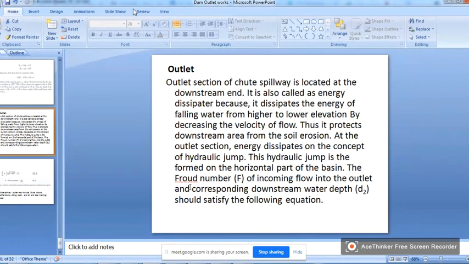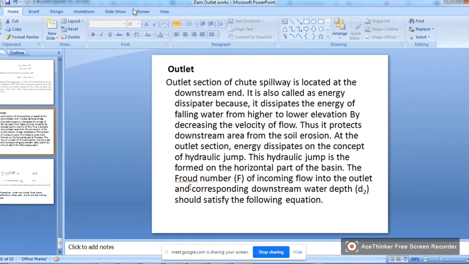Thus, it protects the downstream area from soil erosion. At the outlet section, energy is dissipated based on the concept of hydraulic jump. This hydraulic jump is formed on the horizontal part of the basin. The Froude number of incoming flow into the outlet and the corresponding downstream water depth should satisfy the following equation.